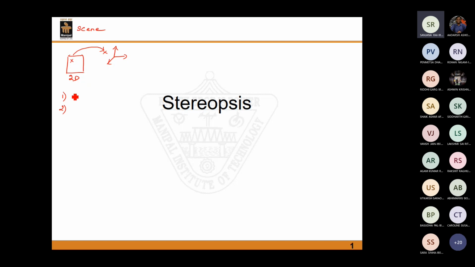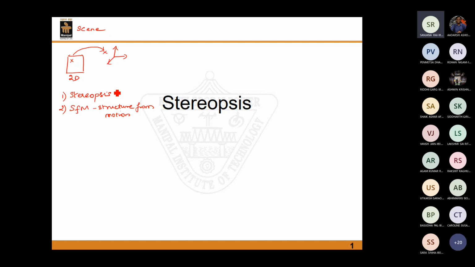One method is called stereopsis, which we'll be studying in today's class. And another method is what you call SFM. SFM stands for structure from motion. So broadly we can classify these as stereopsis and SFM.